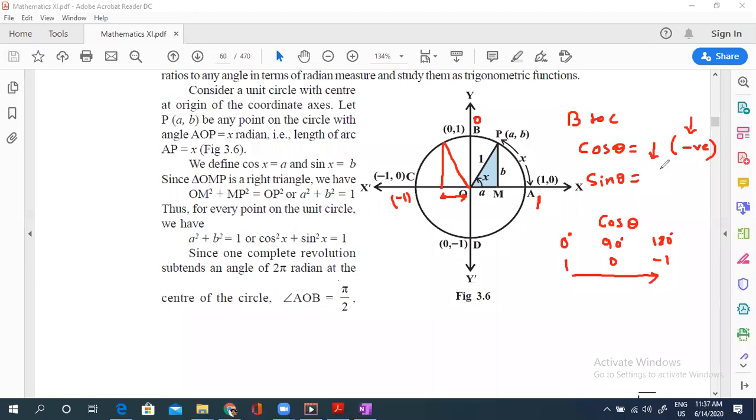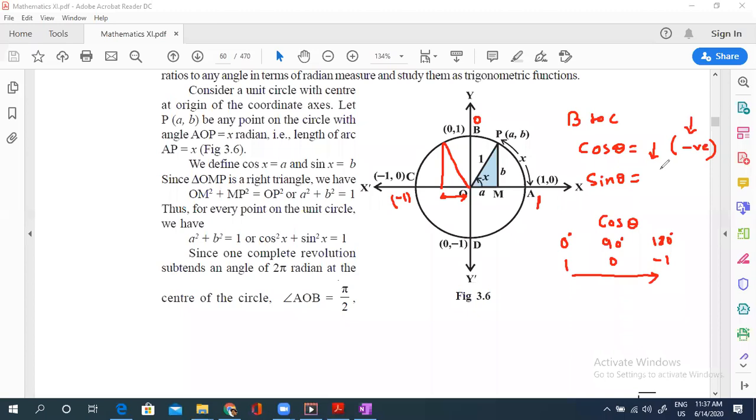See, cos theta is base by hypotenuse, right? So as we move from point A to point B, the base will decrease, so cos theta will decrease in positive value. But when we move from B to C, it is the second quadrant.